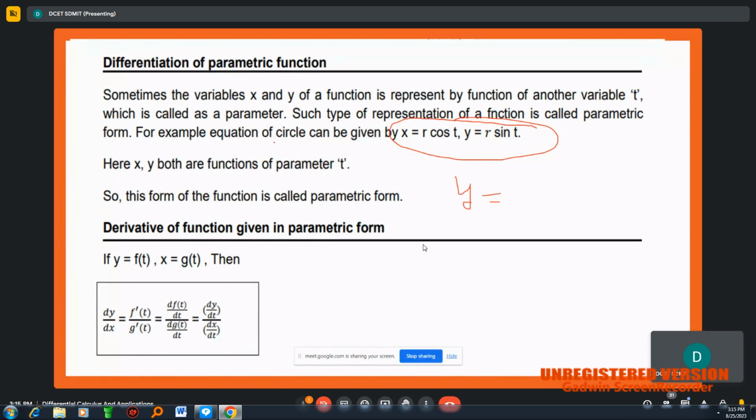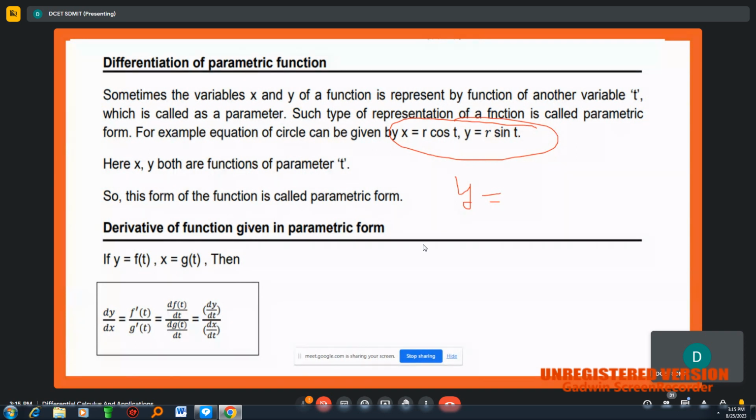For example, the equation of a circle can be given as x is equal to r cos t and y is equal to r sin t. Here x and y are both functions of the parameter t. So this form of the function is called parametric form.